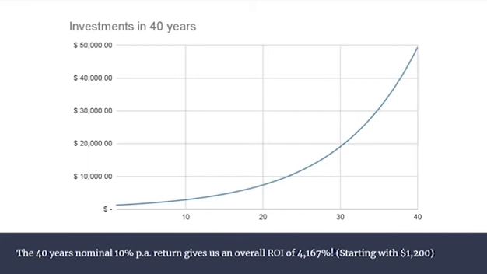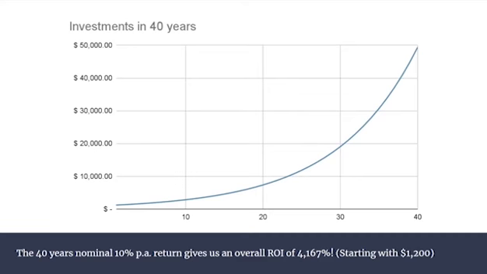Now, for example, if you invest $1,200 in a compounding investment, but you aren't adding any systematic payments yearly, you can get around a 4,167% return on your 40-year investment. This does not take taxes and inflation into account.